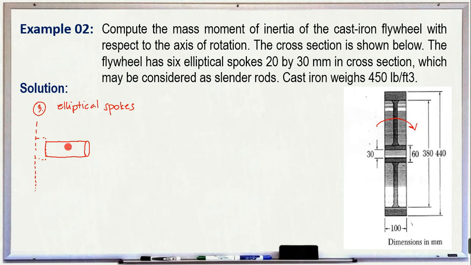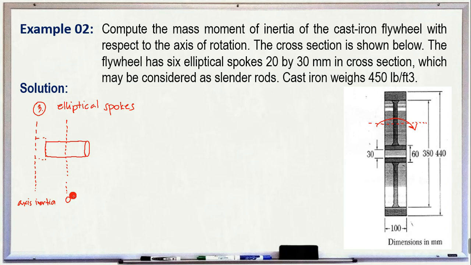We can also have this distance, the one in the middle part: the distance from the axis of inertia to the midpoint of our spokes. We take this as the axis O, the centroidal axis of this elliptical spoke.